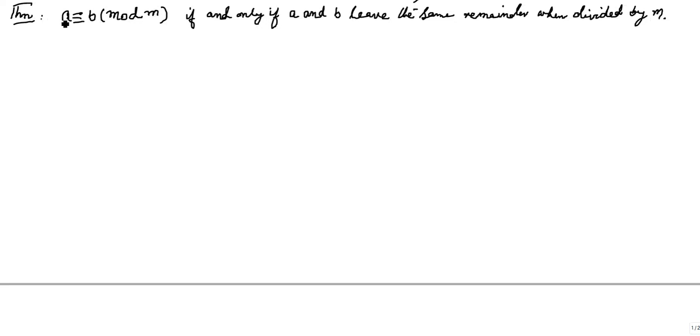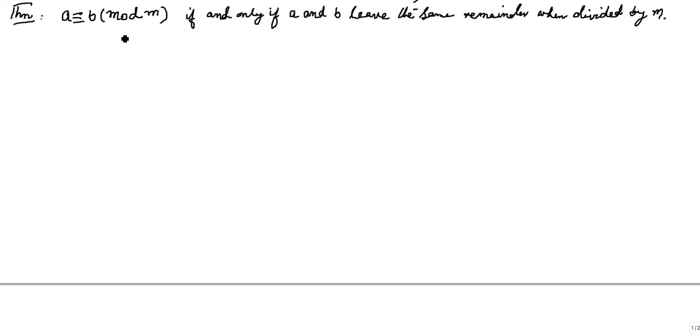So, this result is with an if and only if condition. It means you can use this result both ways. So, A congruent to B modulo M if and only if A and B leave the same remainder when divided by M. So, the remainder will be the same whenever you divide that expression by M. Okay.